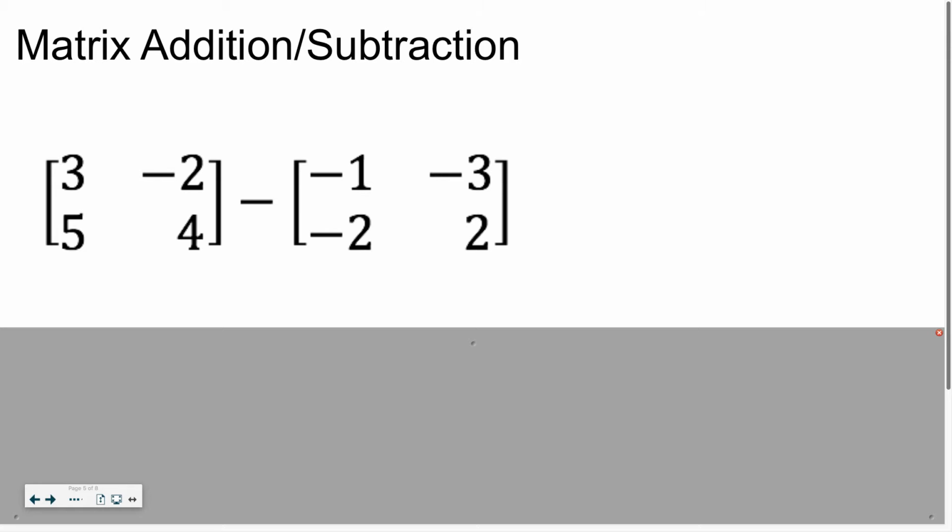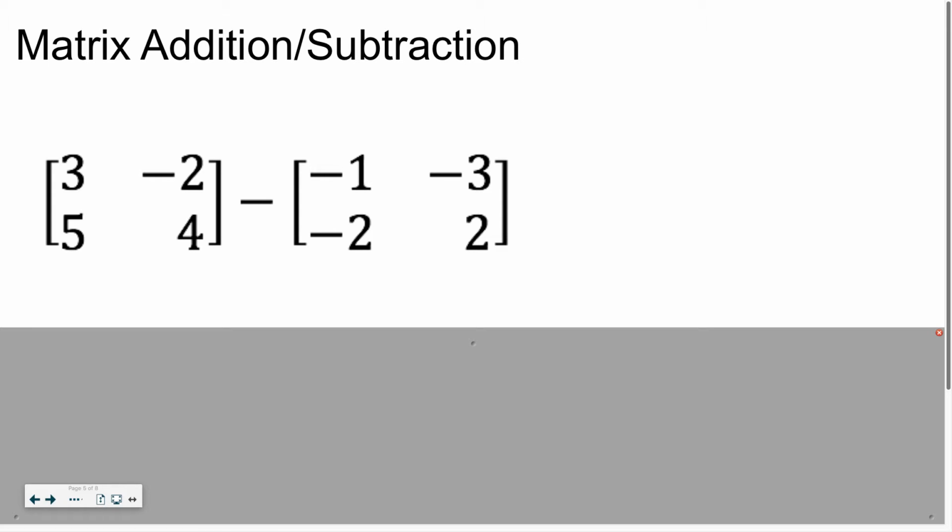Maybe you subtract each entry from each other. And how will I know which entries to subtract from each other? By making sure they have the same order for each entry. So order would be the full dimensions, but it sounds like you're talking about the same spot. Yeah. Okay.